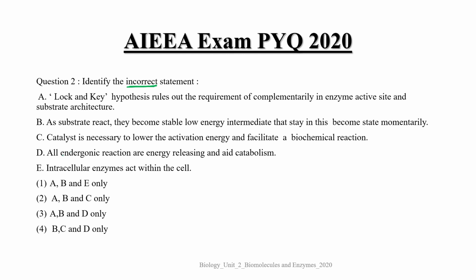Choice D: all endergonic reactions are energy releasing reactions and aid catabolism. And choice E: intracellular enzymes act within the cell. We have to identify the incorrect statement. So take 10 seconds and after that we will discuss the correct choice.